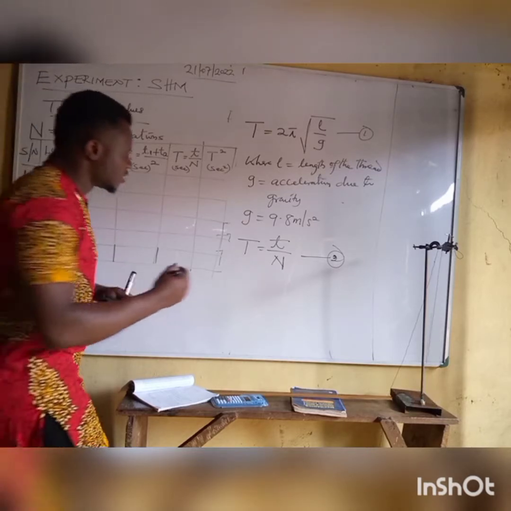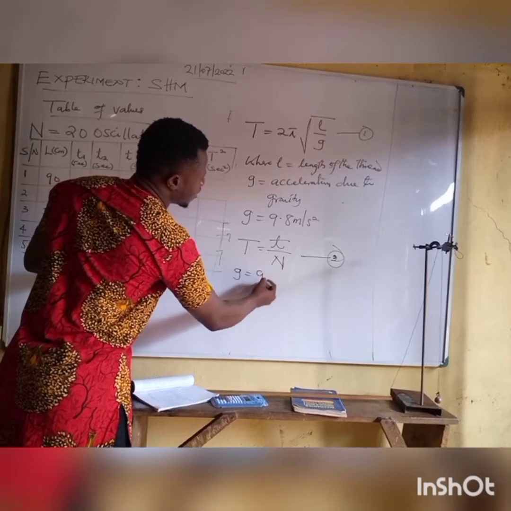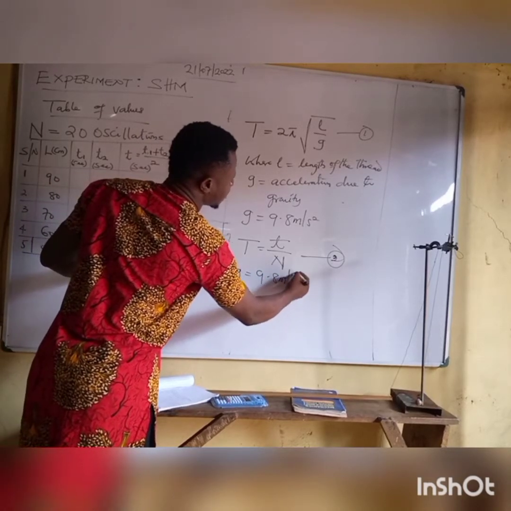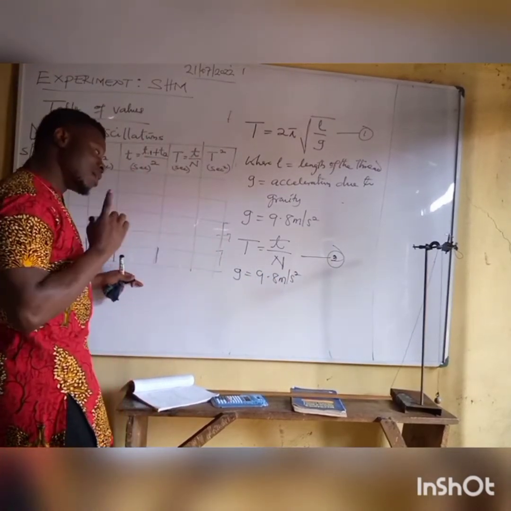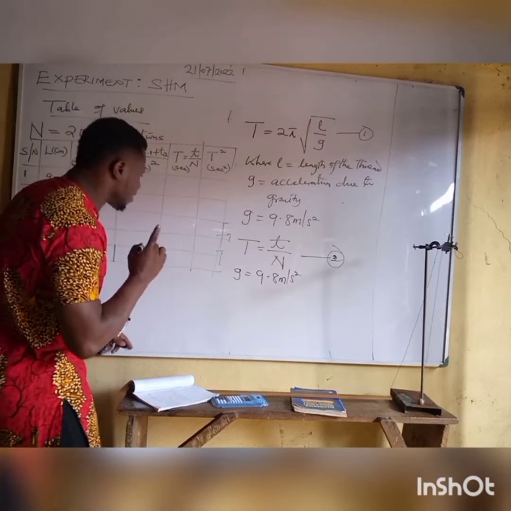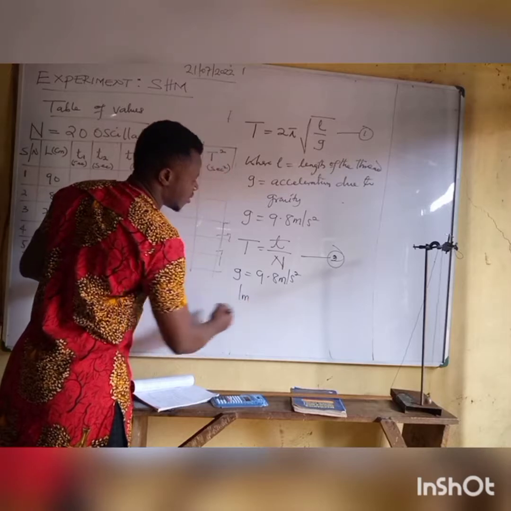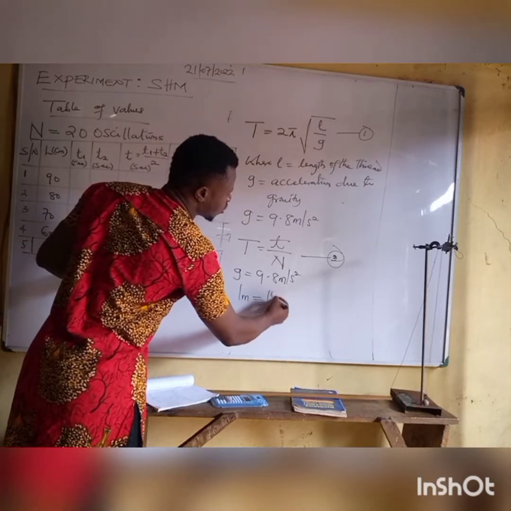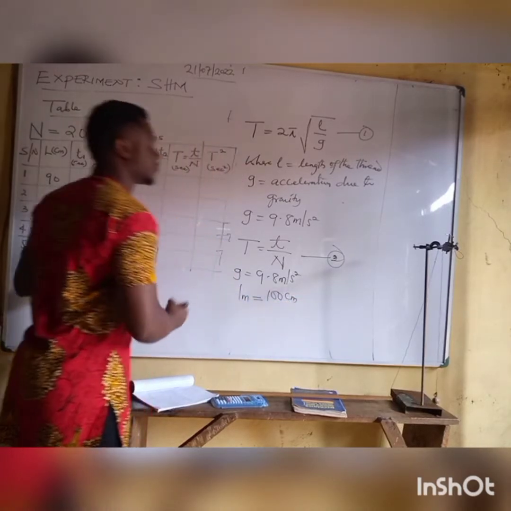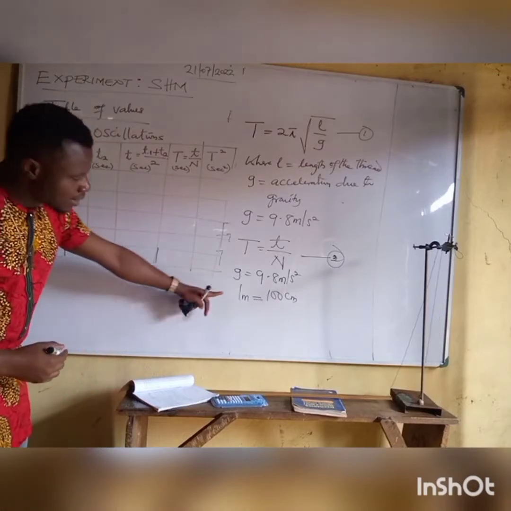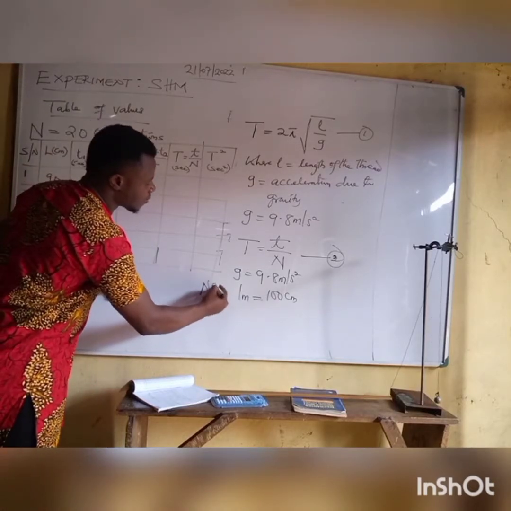How can we convert? If our G is equal to 9.8 meter per second square, can we remember that if I have 1 meter, that 1 meter is equivalent to 100 centimeter. If you remember this, note this thing down.